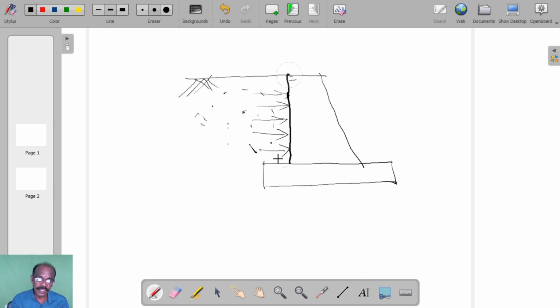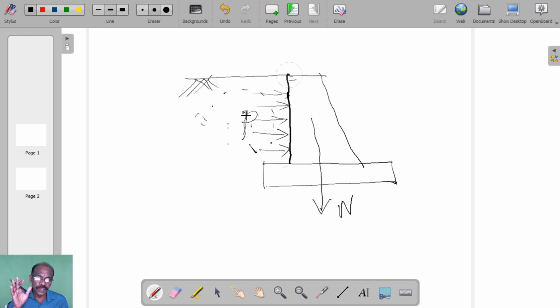Because of this earth, now this is the weight of the wall. The weight of the wall acts downwards, let it be W. And this is the pressure due to the backfill, or earth retained by the wall. You can understand clearly that the weight of the wall should be more than the pressure, then it will be stable.